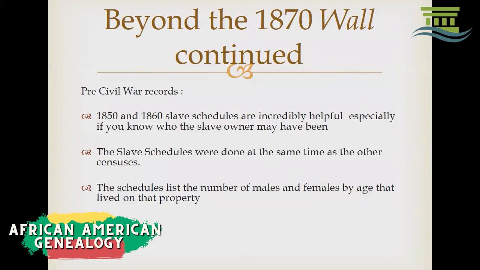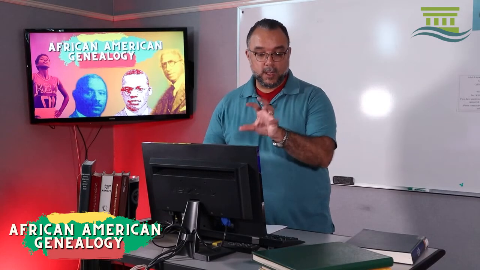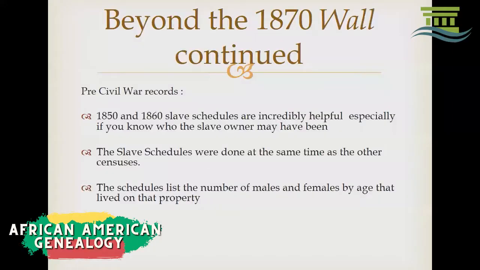So it would say Farmer Smith had 3 slaves, 2 men of ages 20 and 10 years old, and a female, who's aged 22, for example. You're going to see a lot of that on there. When we bring up the slave schedules, I'll show you what I mean, how it labels some houses and families that are there.